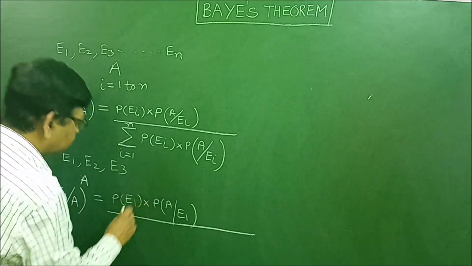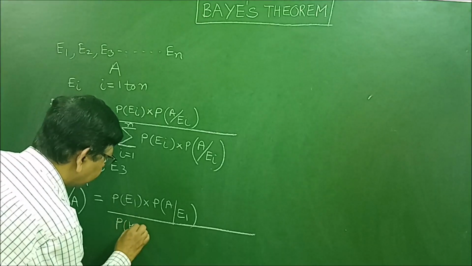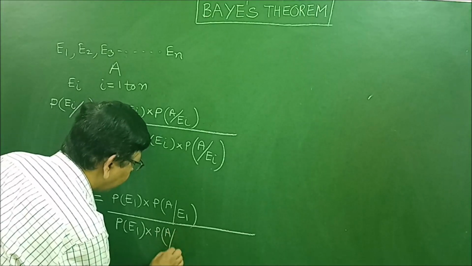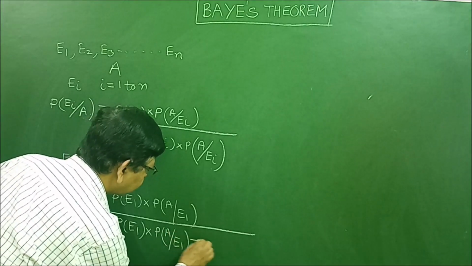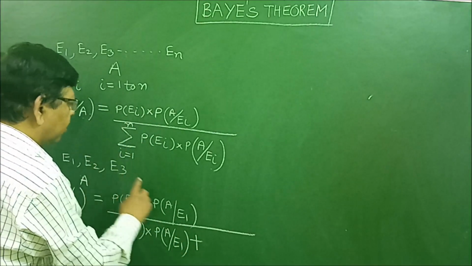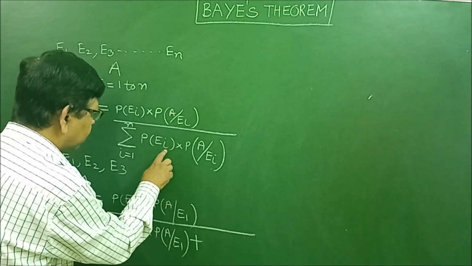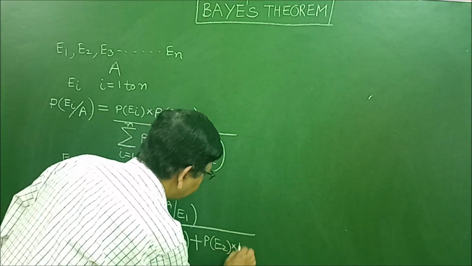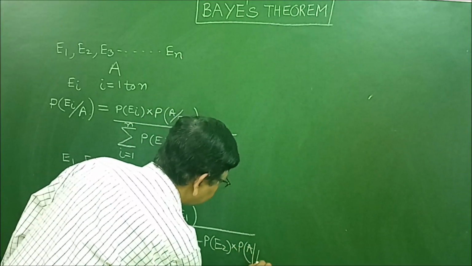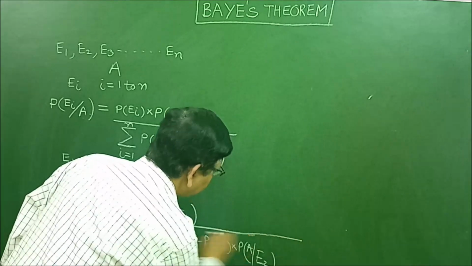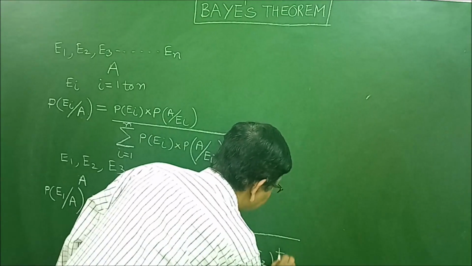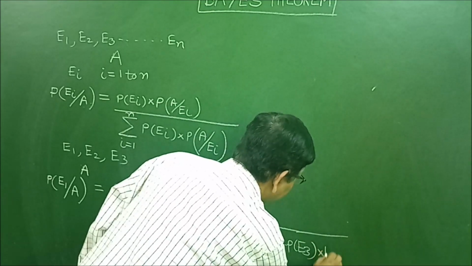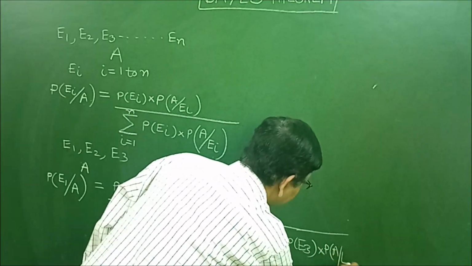So first with E1, probability of E1 into probability of A given E1 plus, because of sigma, i will be replaced by 2, probability of E2 into probability of A given E2 plus probability of E3 into probability of A given E3.